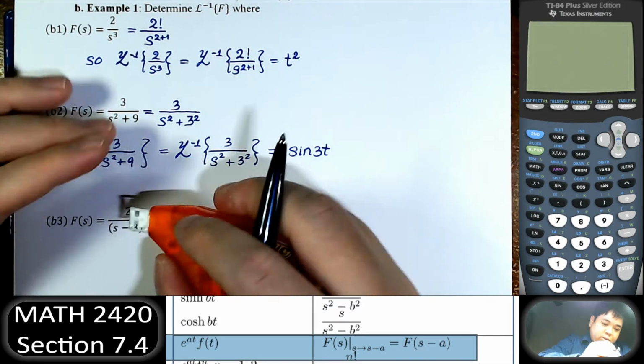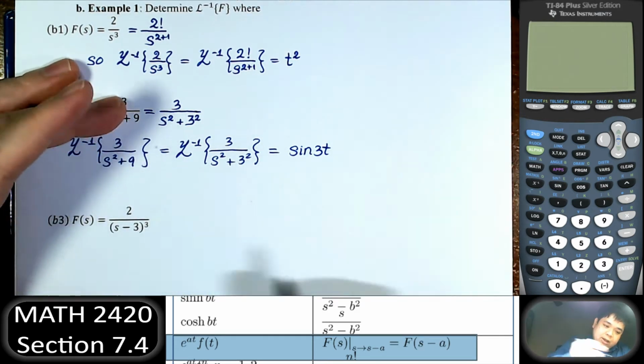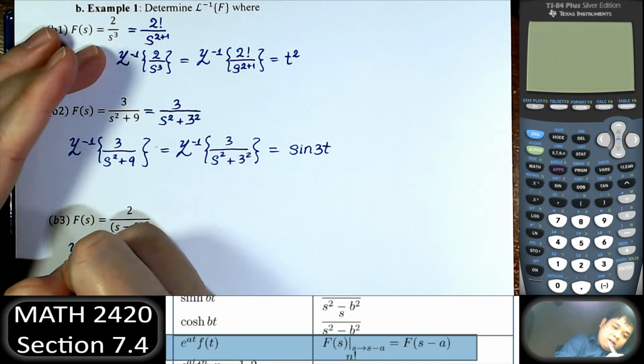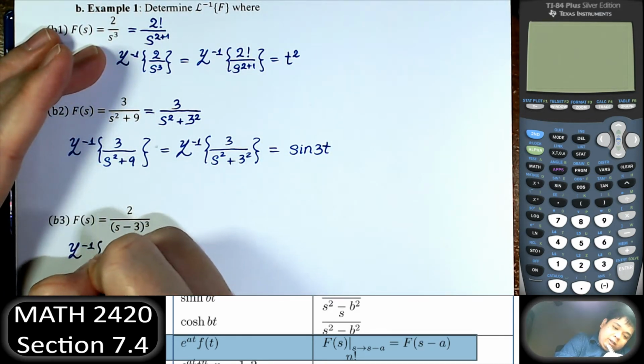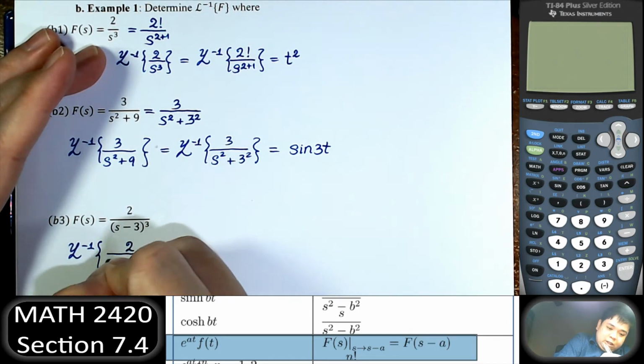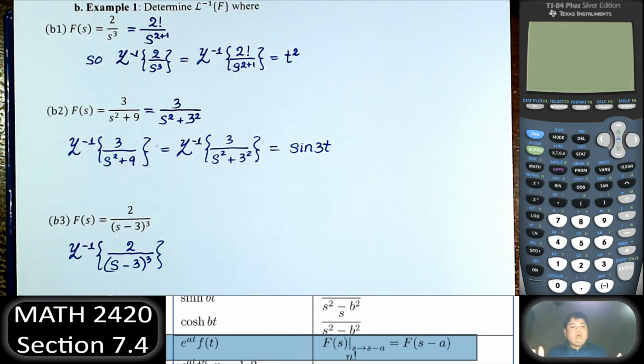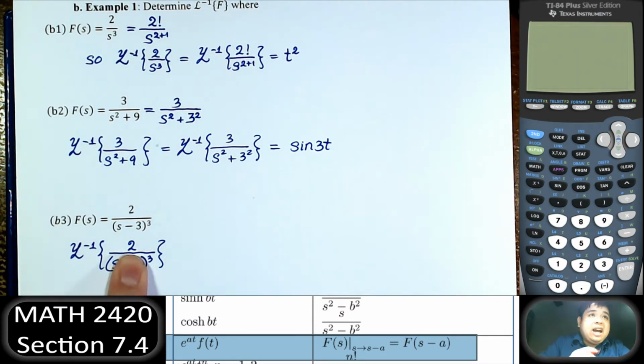So first of all, this is 2 over s minus 3 cubed, right? Actually, we just jump right into the problem. Now let's find the inverse Laplace transform of 2 over s minus 3 cubed. First, what we see here is s minus 3 instead of s.